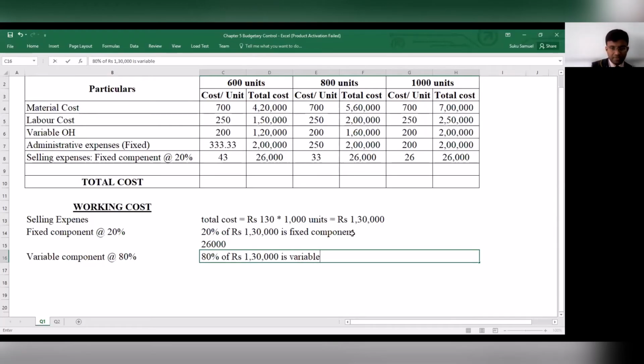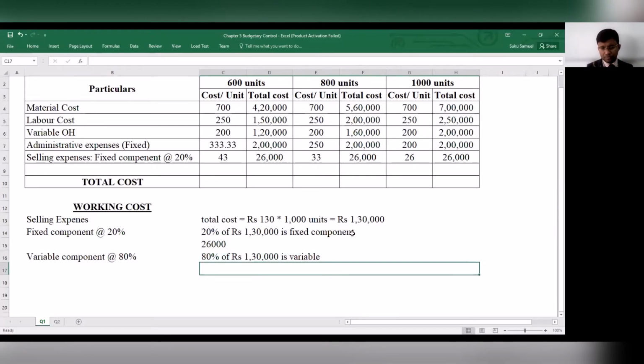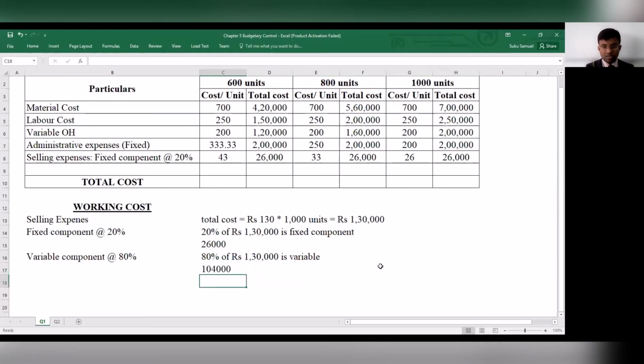Okay, this is variable. So which means 1,04,000 is variable.